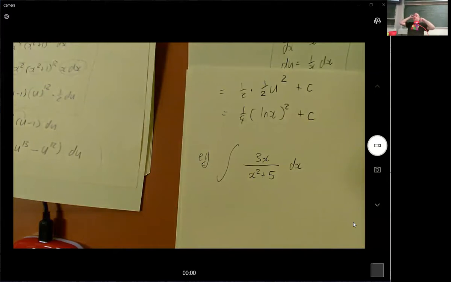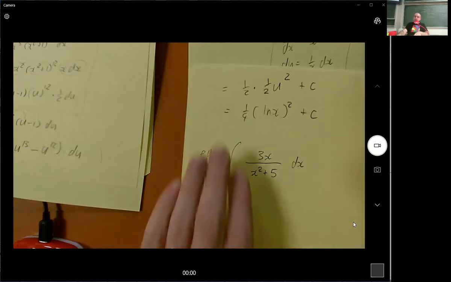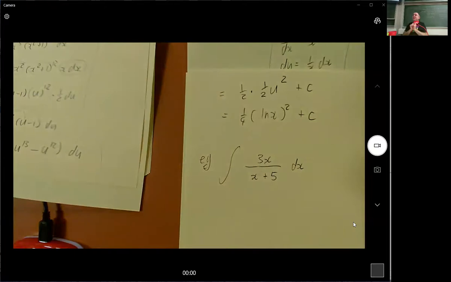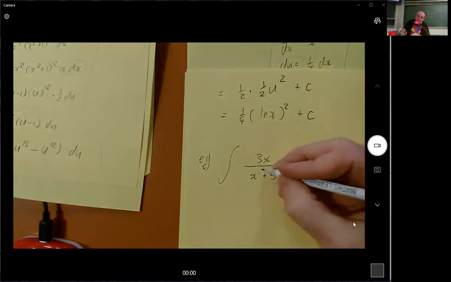If it was an x plus 5, I might actually have a chance of rewriting it. This isn't substitution, this one, but I can actually do this one with substitution as well. It's probably easier. So I'll just run with this one.